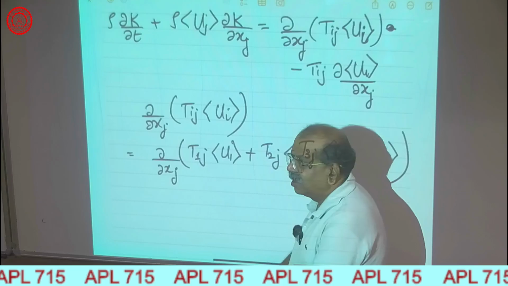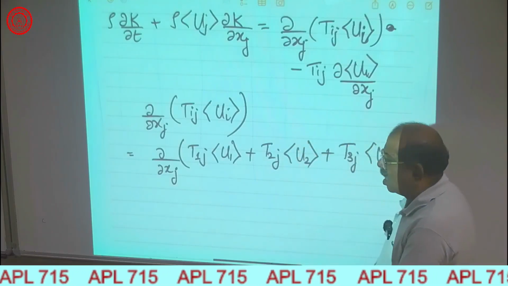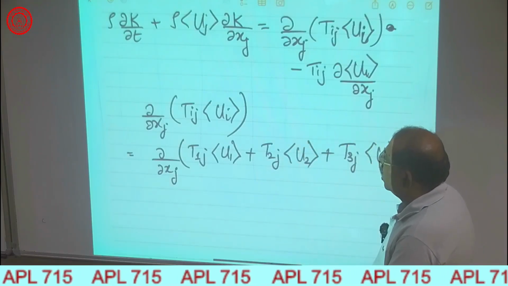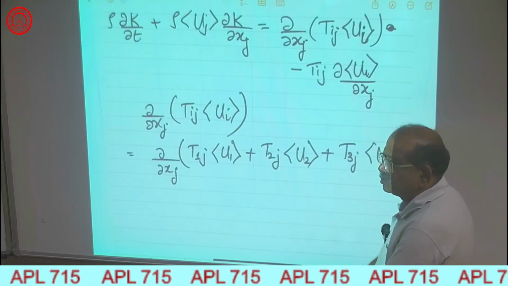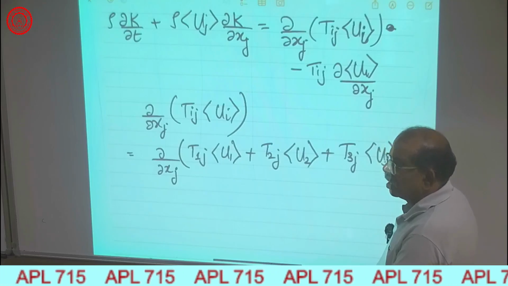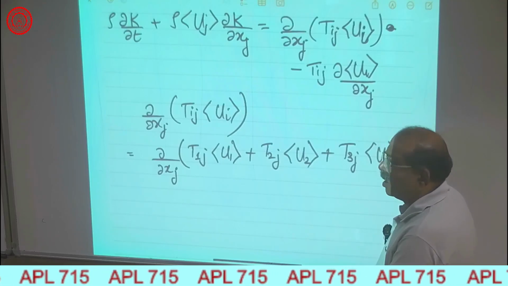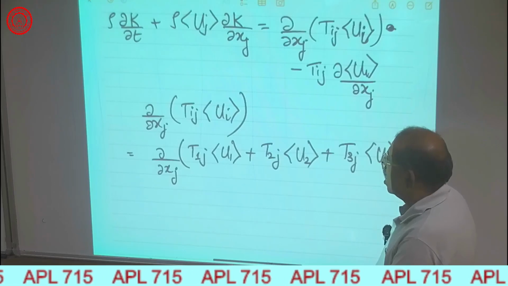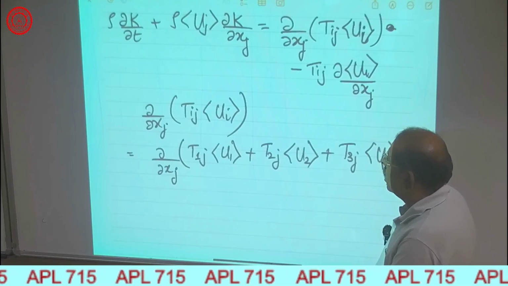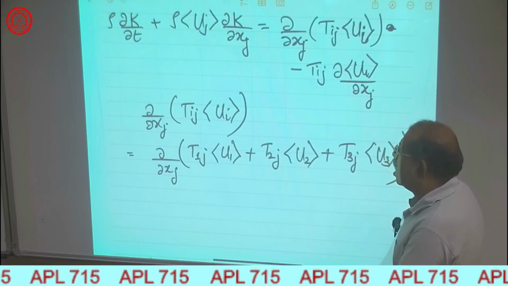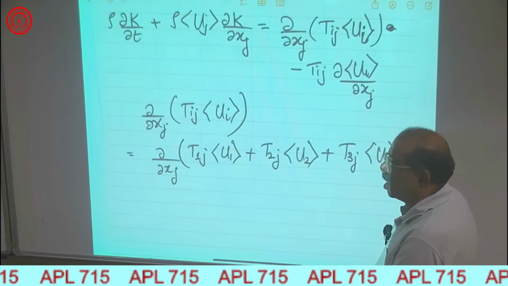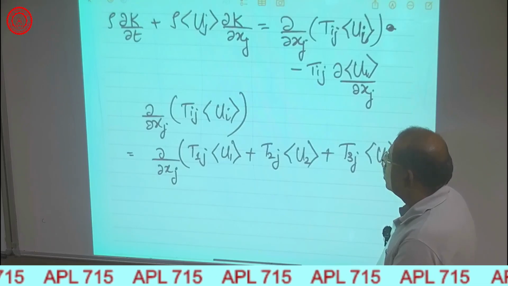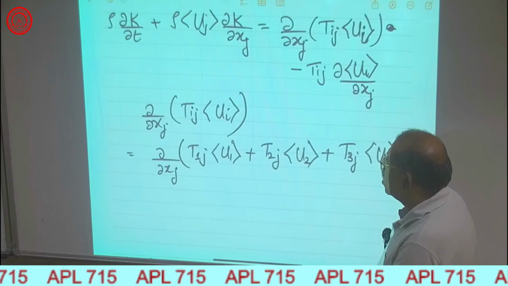Putting the chain rule first, because then the del of the mean of u by del xj will give only one non-zero term, which will be del of u1 divided by del of x2. Then we get the other three terms of del of Tij divided by del of xj.